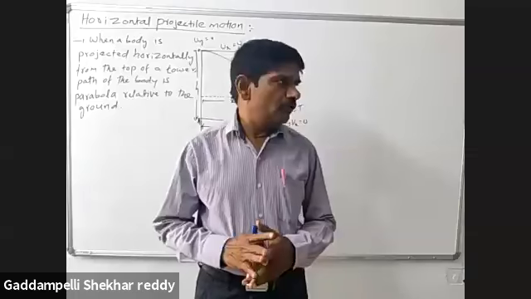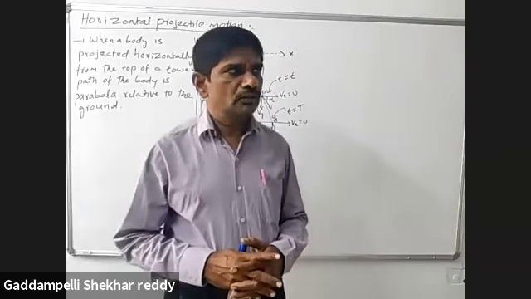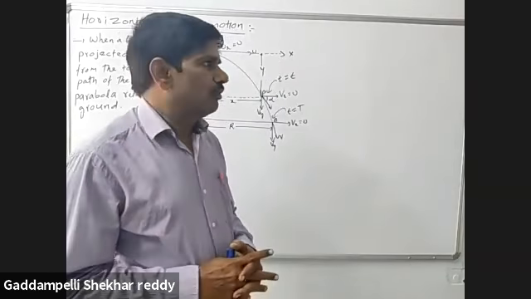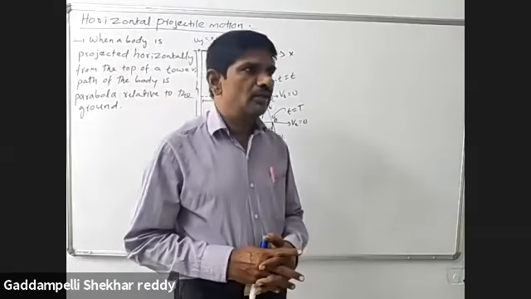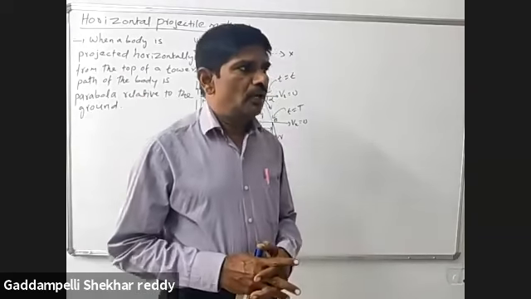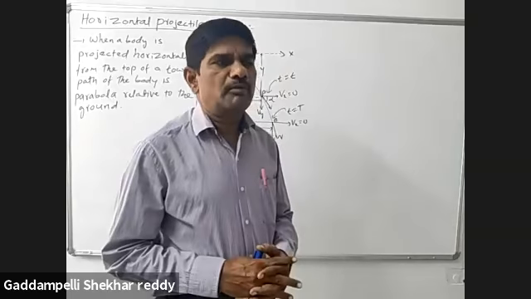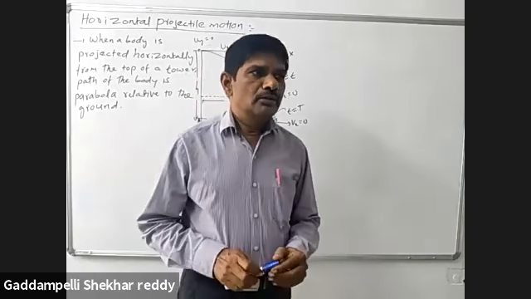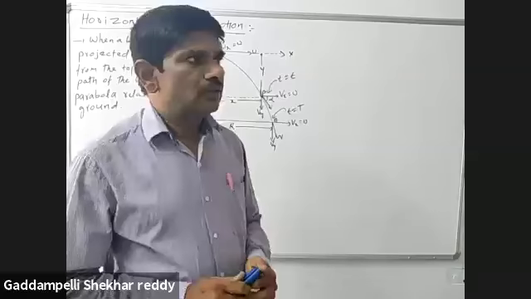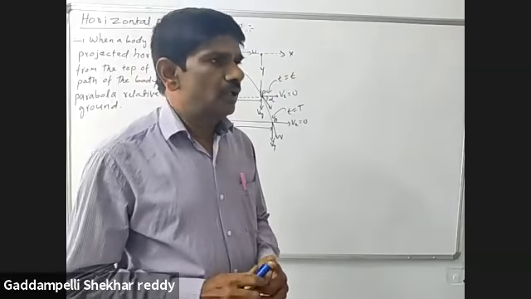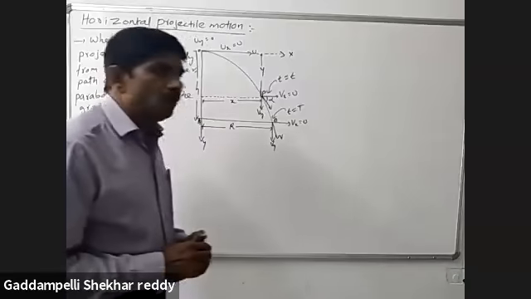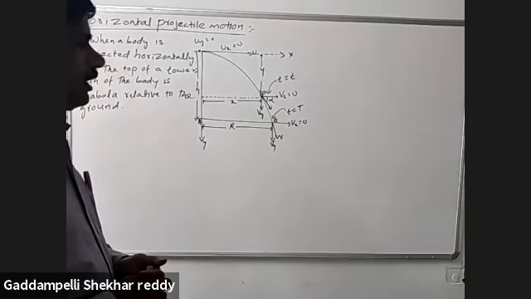So these are the different kinds of projectile motions. We already discussed oblique projectile motion, the different conditions, time of ascent, time of descent, range, maximum height, and the trajectory equation. Now we'll discuss horizontal projectile.